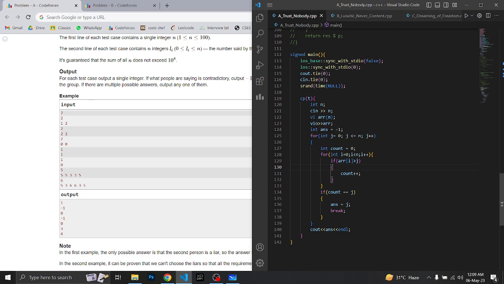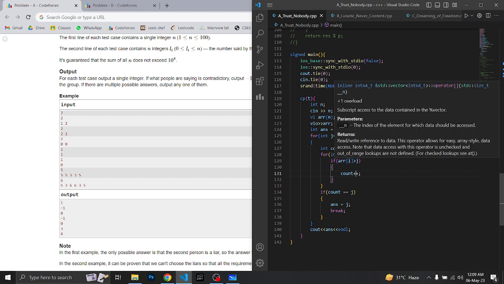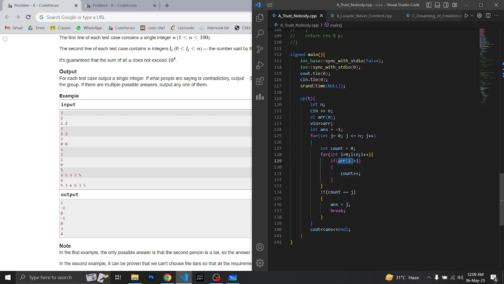For each iteration we iterate over each of the n persons. If we consider j equal to 0, then according to us there are 0 people lying. If any person says that more people are lying than what we have considered, then he will be considered a liar, and we count that in count.